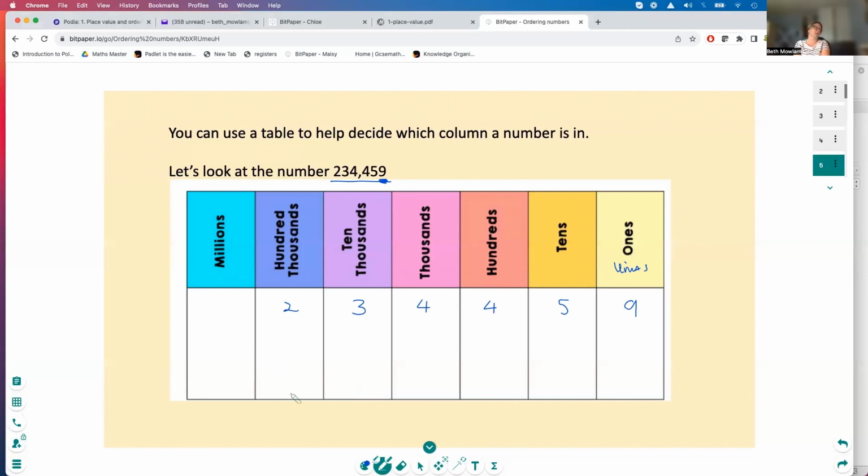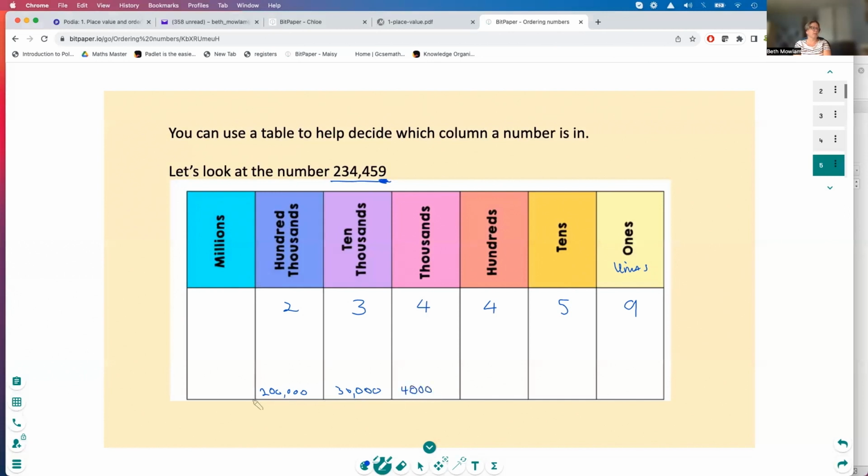So if I was going to say this number, I would say 230,000, or let's get it right. How many have we got together? I've got 200,000, I've got 30,000, I've got 4,000.